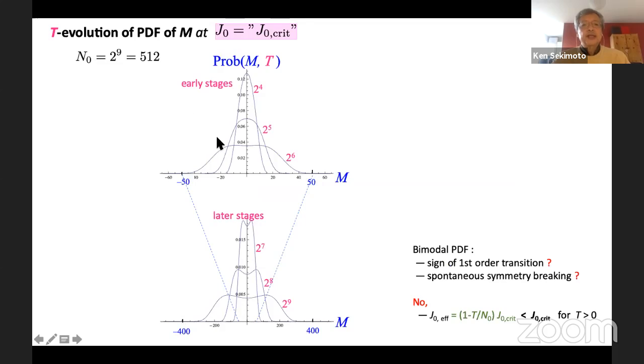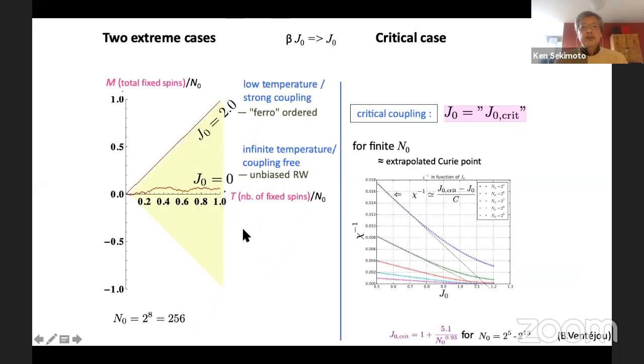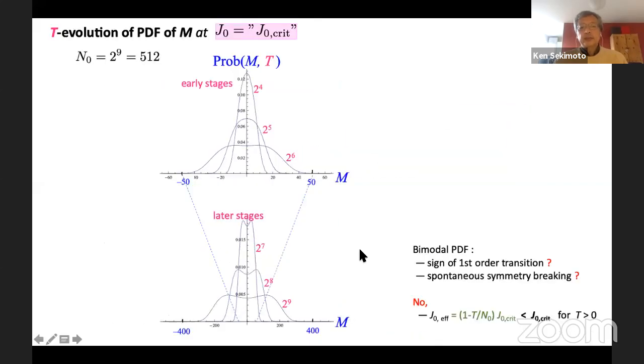We start from the unimodal distribution for the small number of fixed spins, but it becomes flattened. Now I change the scale of the horizontal axis because the total number of frozen spins increases. It becomes bimodal, or double peaked. We might wonder if this is due to some sign of first order transition or spontaneous symmetry breaking.